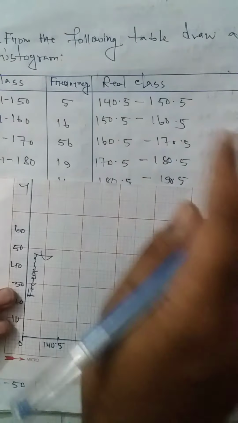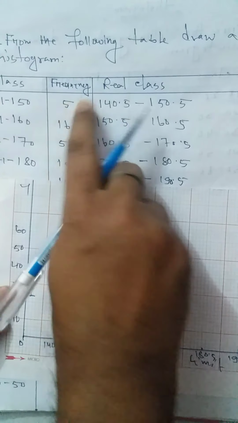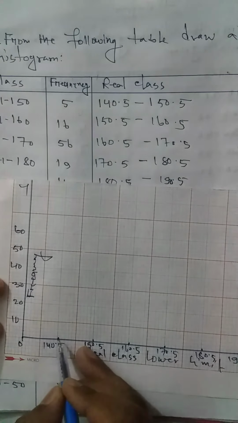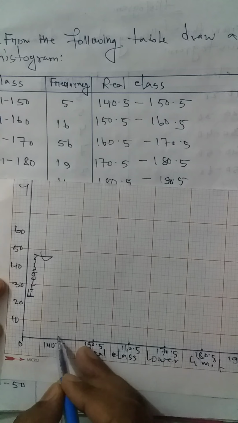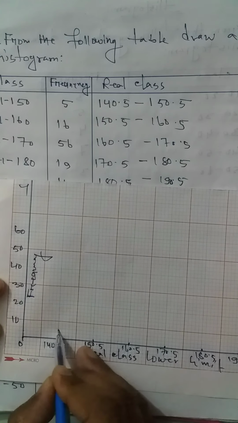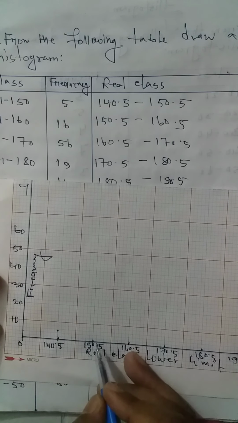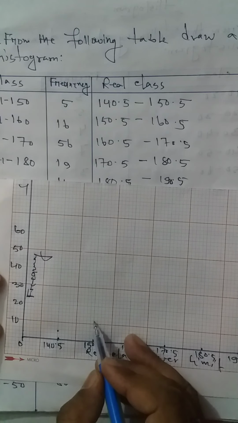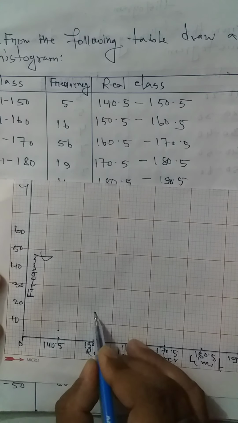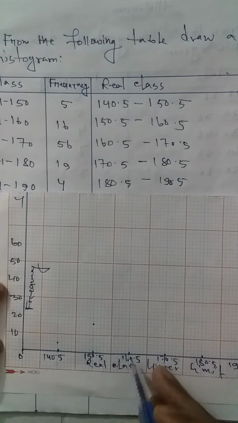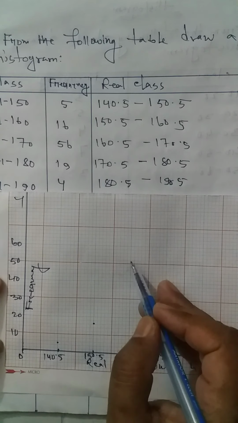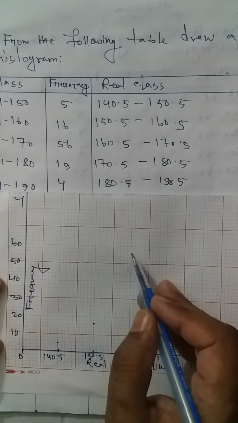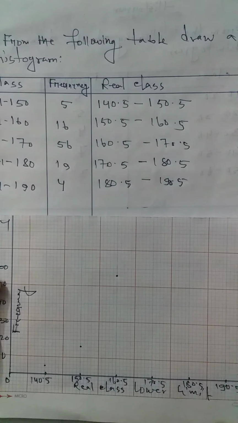Now indicate 140.5, then 5, 2 to 4 and 5 point. Then 16, 10, 12, 14, 16. Then 56, 52, 54, 56. Then 19.